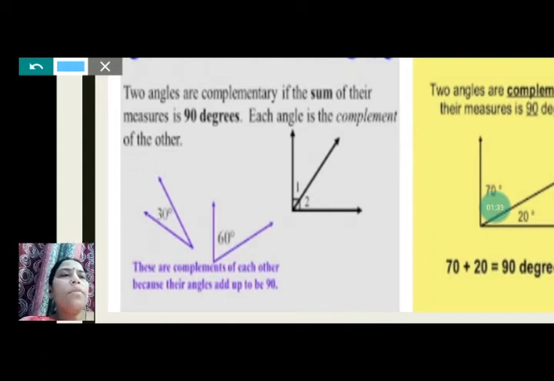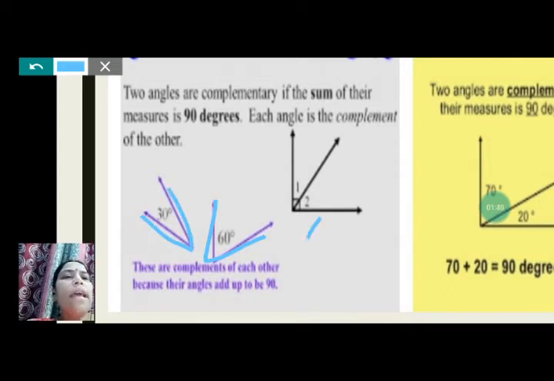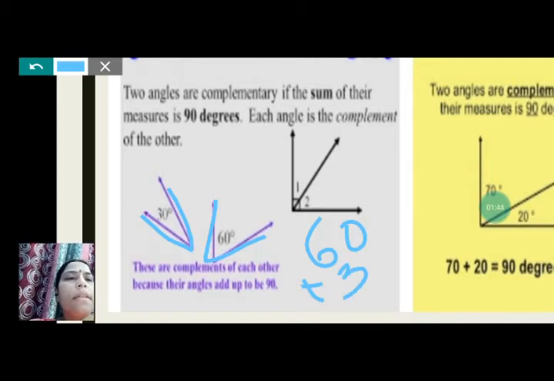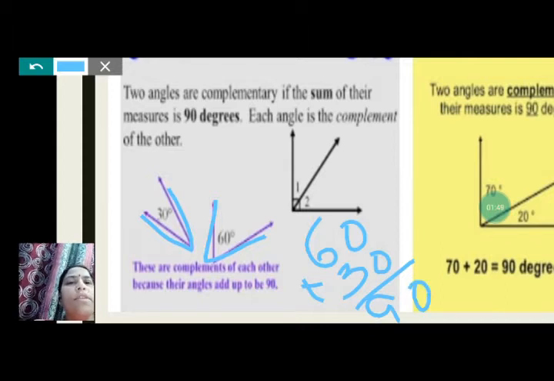As we can see, this is 60 degrees and this is 30 degrees. When we add 60 plus 30, we get 90.